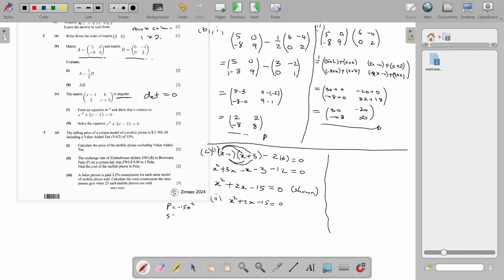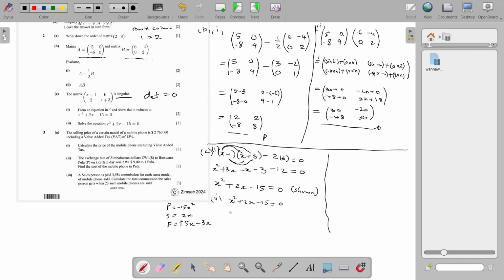Our sum, the middle term, is 2x. We want two numbers that when we multiply them we get the product and when we add them we get the sum. So it's going to be plus 5x minus 3x. Why? Because our sum is positive, so the bigger number is supposed to be positive.